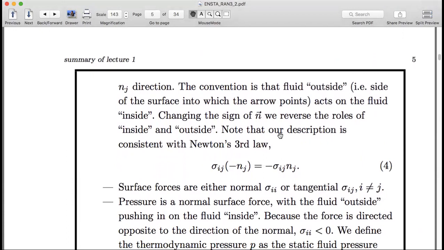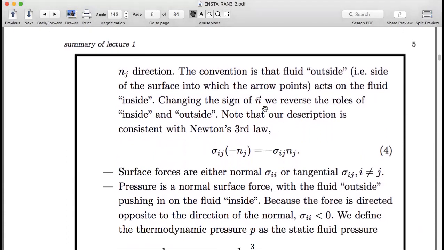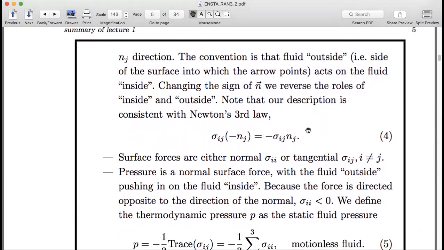I think I reviewed today already the fact that we talk about forces and the convention regarding the force on the exterior applying to the force on the interior.